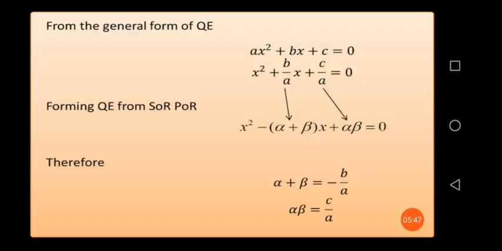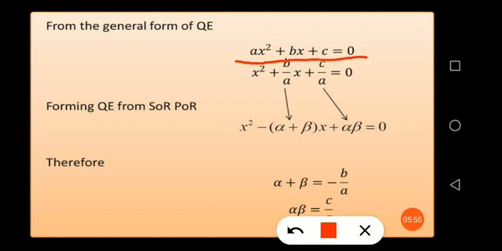Moving towards next. Here we know that the general form of a quadratic polynomial or equation is ax square plus bx plus c is equal to 0. Now we are converting this general form into the form of sum of roots and product of roots. SOR, sum of roots; POR, product of roots.